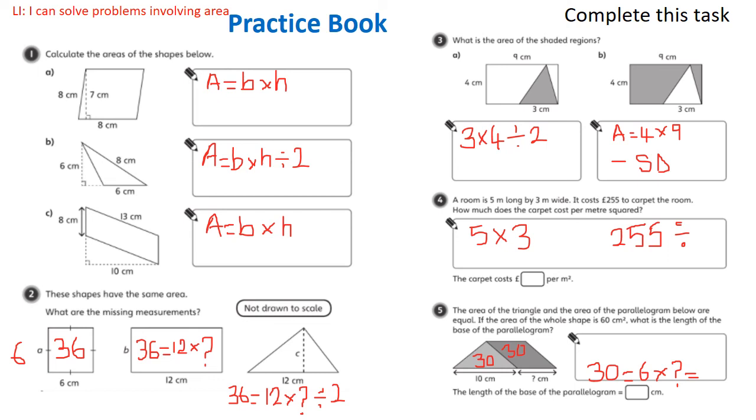We know more about the triangle, so let's start with that one. We know that the area is 30, we know the base is 10, we don't know the height, but we know that we have to divide it by 2. So again, you can use the inverse to work that out. Once you know what the height is, you can do the same for the parallelogram.